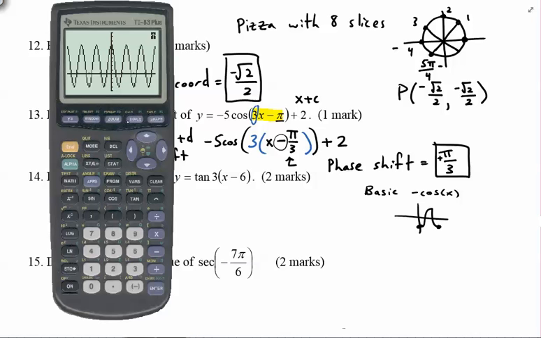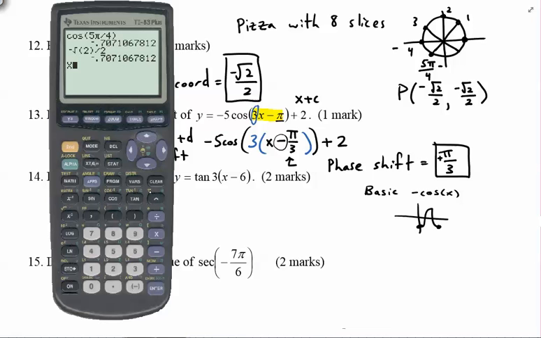So if I calculate the minimum, which is a little tricky, I have to give it a left bound, a little bit left of the minimum, a right bound, a little bit right of the minimum, and then it will tell me what the minimum actually is. So that point moved 1.05 to the right.